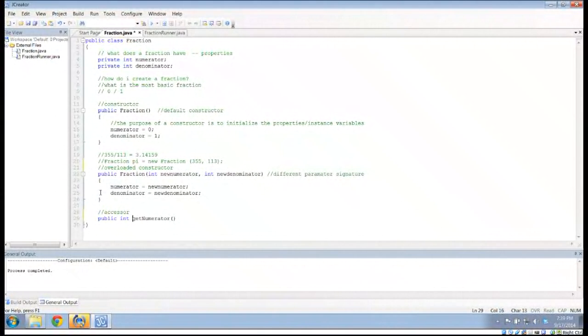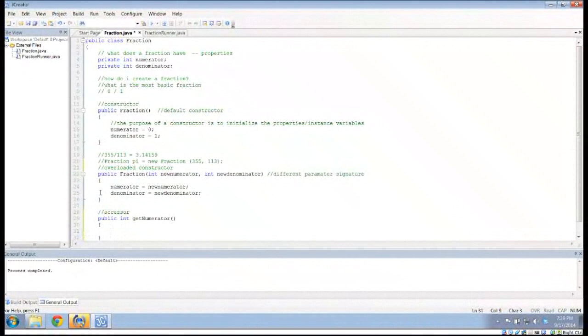What I need to do is say, here's a copy of my numerator. You can do whatever you want with that copy. I'm holding the real numerator. No one can touch this numerator that I have. And so I have to write code for that, and it's fairly simple to do.